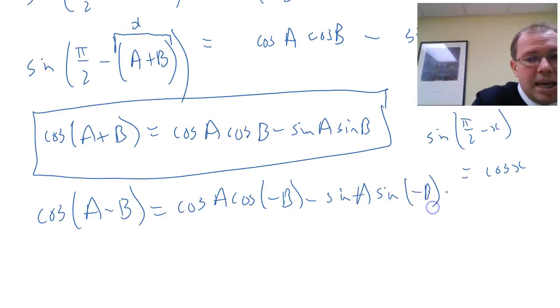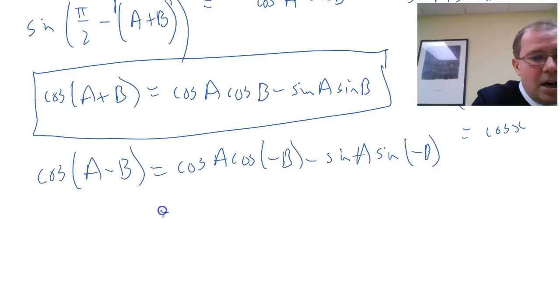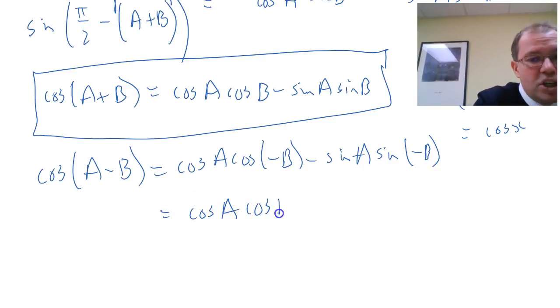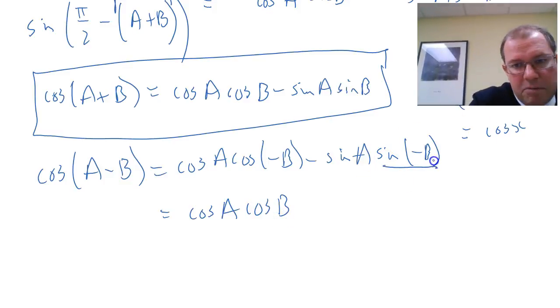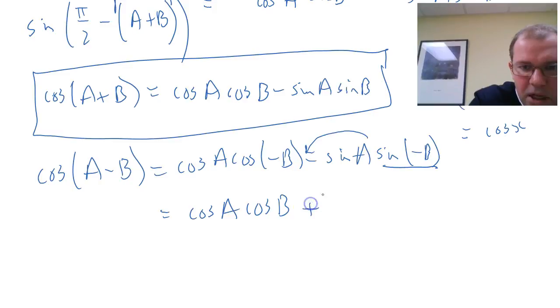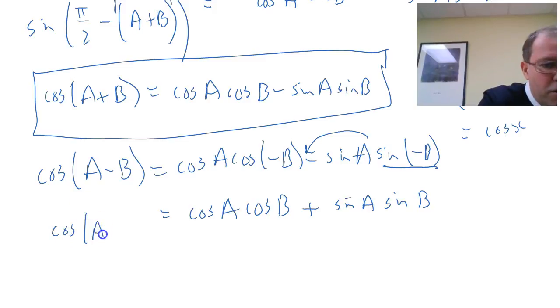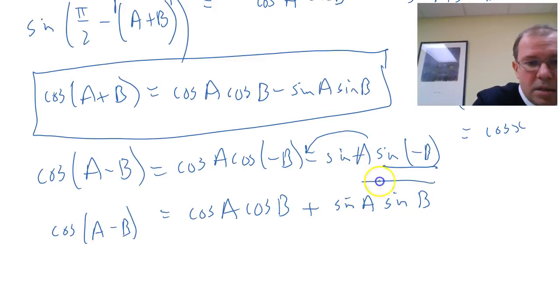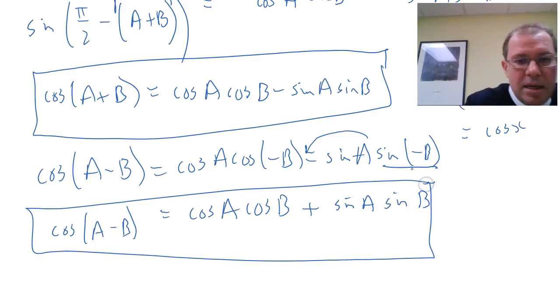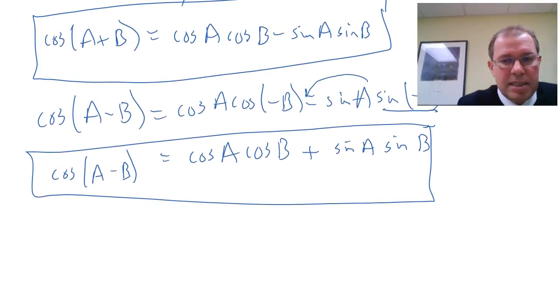I'm going to use the fact that cos(−b) is cos b because it's an even function, and that sin(−b) is minus sin b. Minus times the minus is going to make a plus. We'll just do that in our heads. You can write it out fully if you want, and I get the fourth formula: cos(a − b) equals cos a cos b plus sin a sin b.